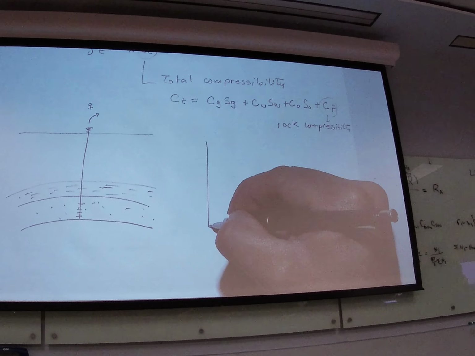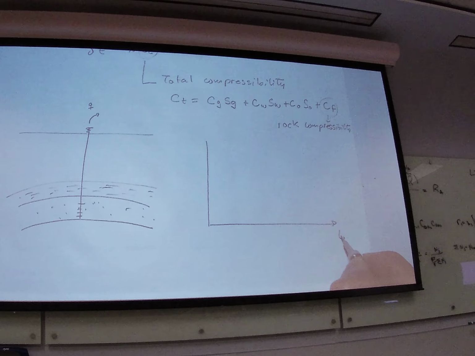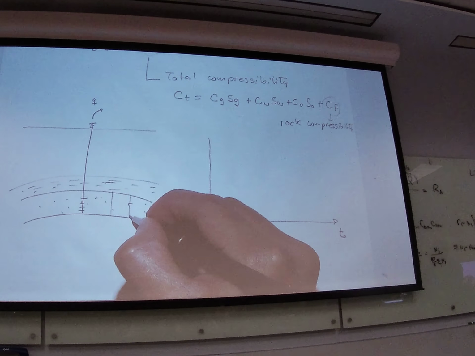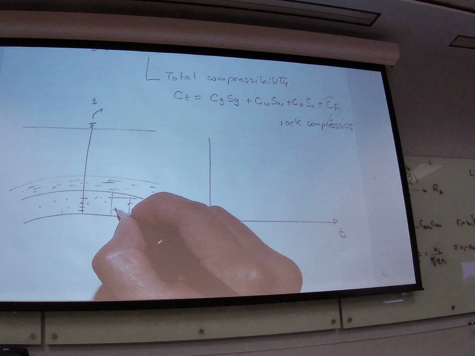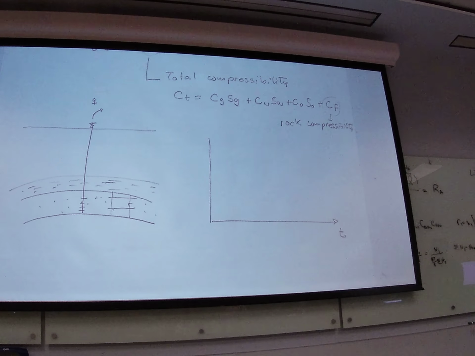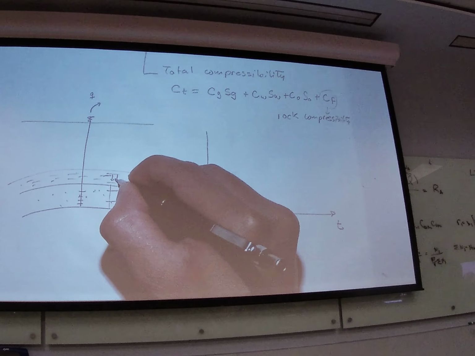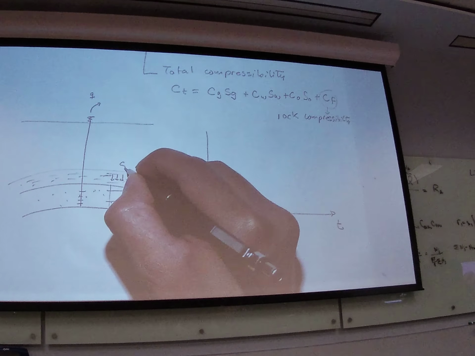Let me plot here as a function of time the vertical stress and the pore pressure. You know how to calculate vertical stress, okay? Vertical stress, we said, is all the weight on top of this. I'm particularly interested in this case in an element of rock somewhere around here in the reservoir. That square is going to be subjected to a vertical stress SV.